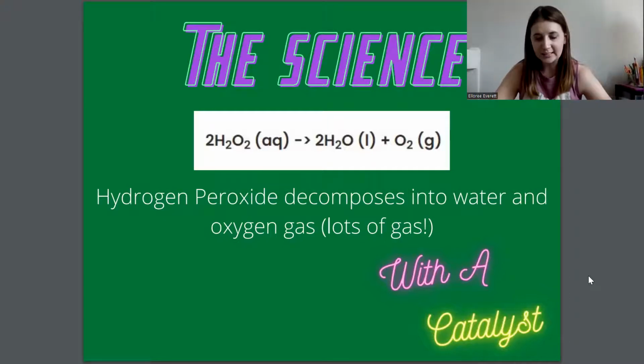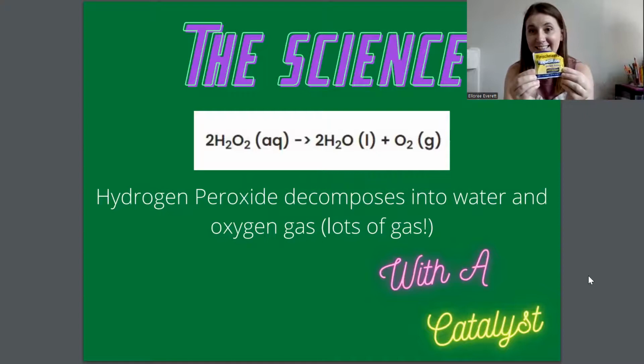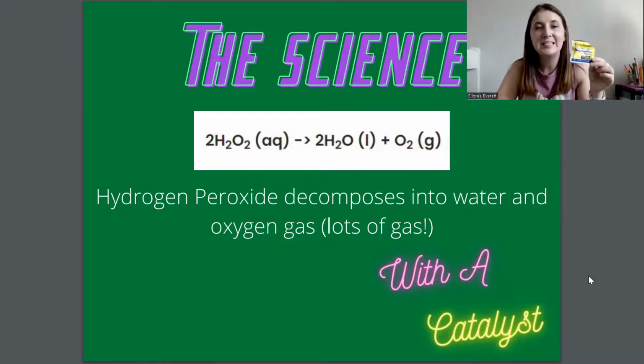So our catalyst is going to be yeast. Yeah, yeast, like the stuff you put in bread. Do you know what yeast is, though? I love asking this question. I'm always surprised by how many people get this wrong. What is yeast? It's not a bacteria, it is a fungus. In its little packet state, the packet you can buy at the grocery store that you put into your bread mixture, it is dormant.